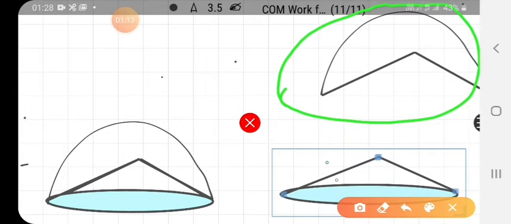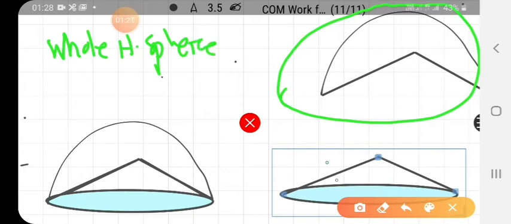The remaining structure has been formed from the whole hemisphere minus the cone, which is equal to the remaining structure.